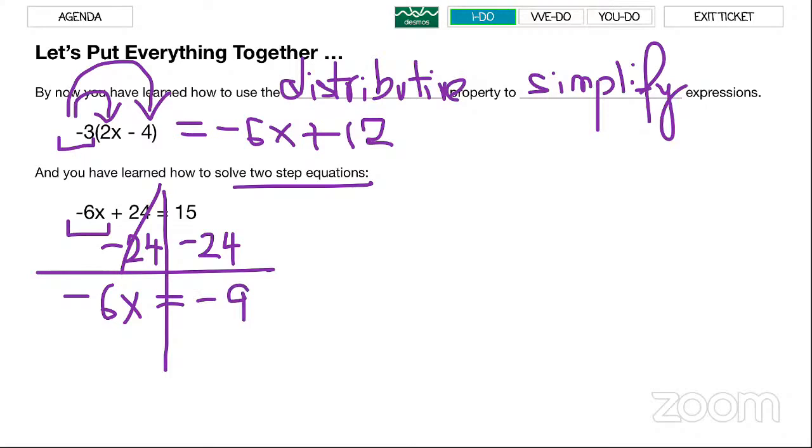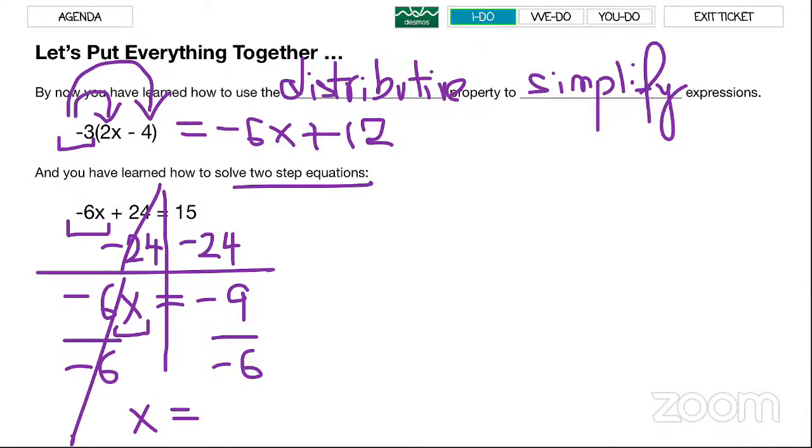And the last thing, you still need to isolate the variable, but there is a number in front of the variable. That means it's multiplied. You divide by negative 6 on both sides. The reason we're dividing by negative 6 is that negative 6 is multiplied with the variable x, okay? So now the negative 6s cancel out, and only x is left on the left side, and that is equal to negative 9 divided by negative 6.